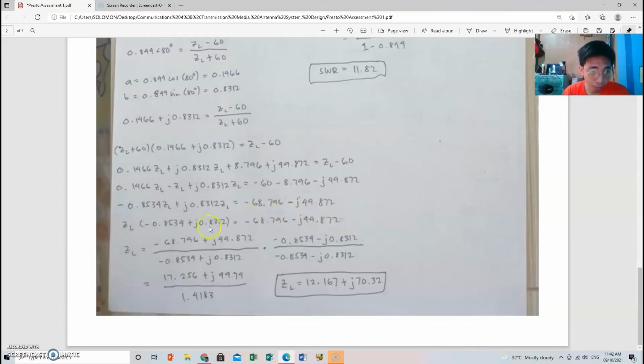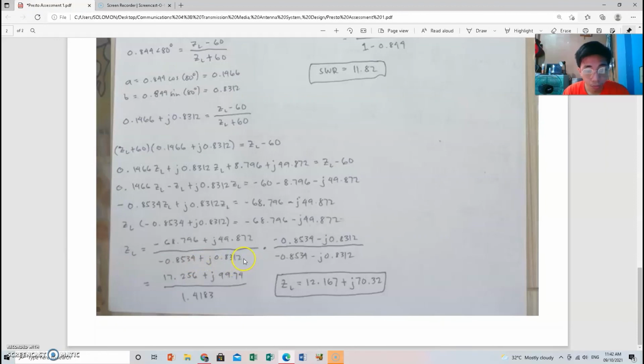And by isolating the ZL, divide both sides by these two terms. So it becomes ZL is equal to negative 68.796 minus J 49.872 over negative 0.8534 plus J 0.8312.